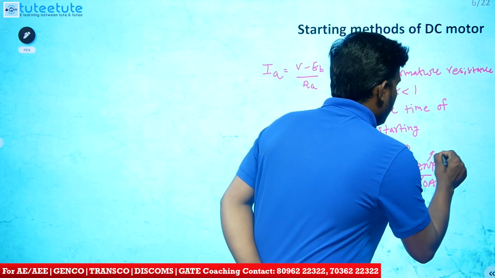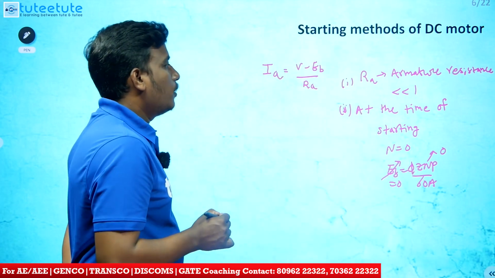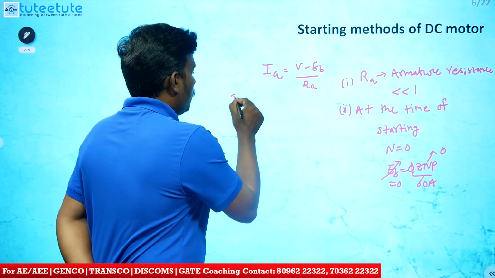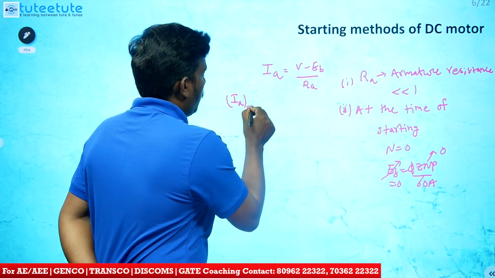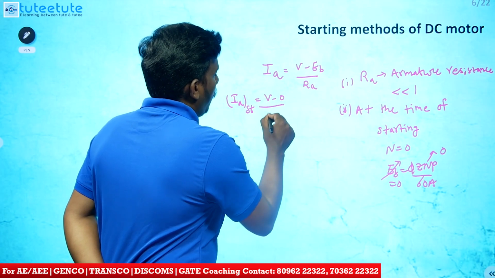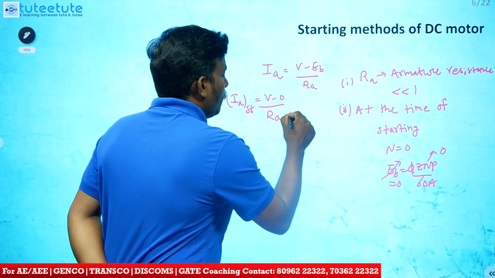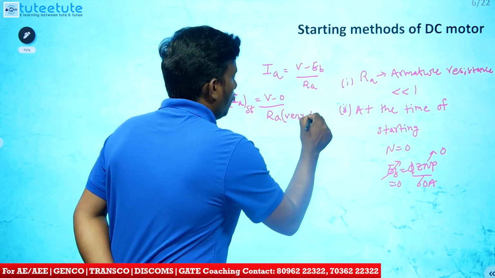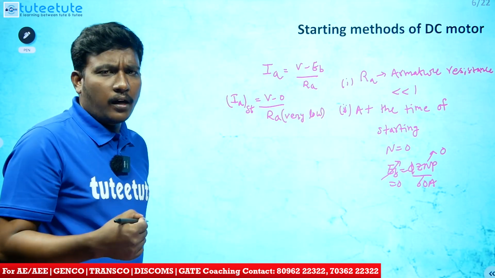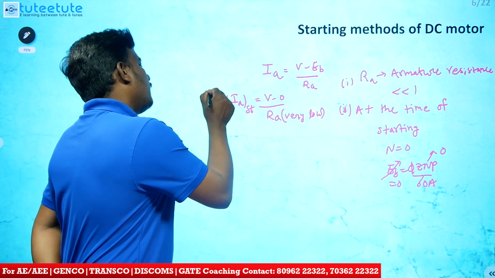With speed 0, Eb is going to be 0. Substituting back into our equation, the armature current at the time of starting is Ia equals (V minus 0) by Ra. As Ra is very low, because the armature winding is made of copper, the starting current is very high.